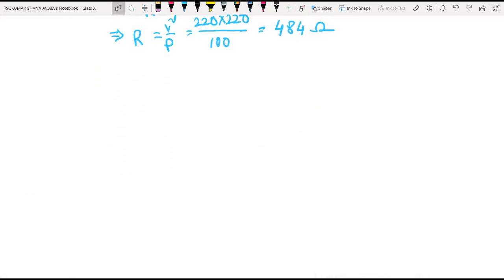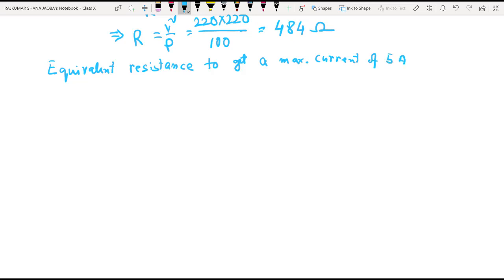Now equivalent resistance to get a maximum current of 5 ampere, Rp, see 220 divided by current 5, that is 44 ohms.